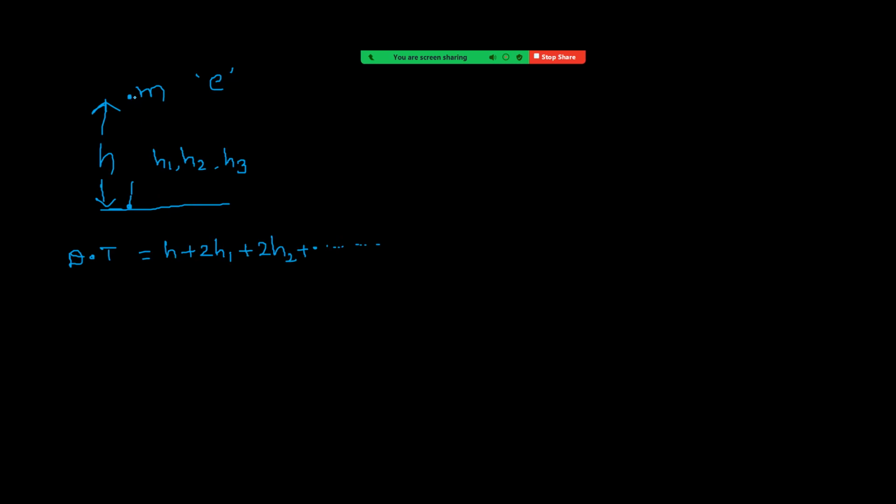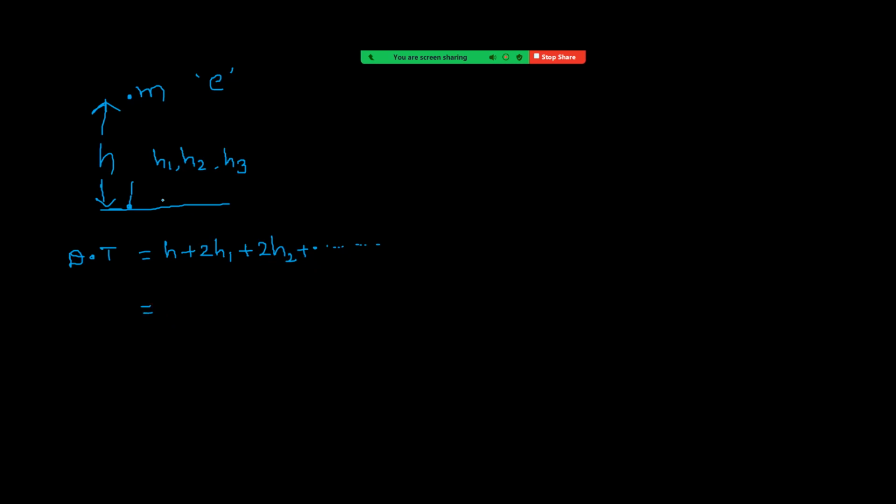See once again, from here to reaching ground, h. Next rises to h1, again comes back by h1. Next rises to h2, again comes back by h2. So 2h1, 2h2, and so on. Okay. Right. Next, see what we can write here.